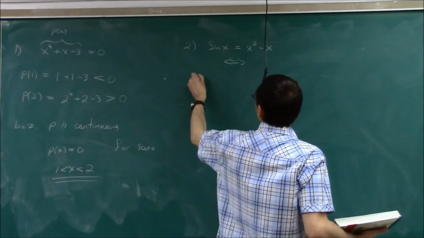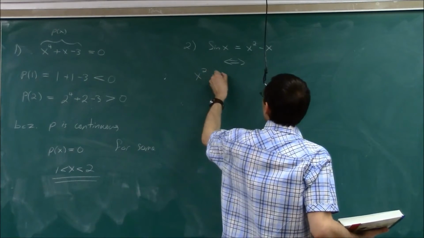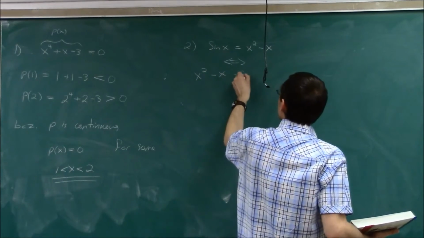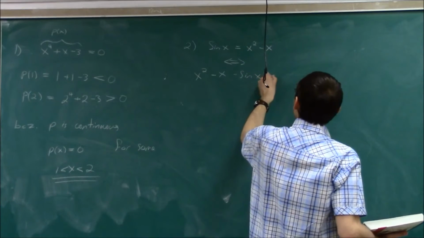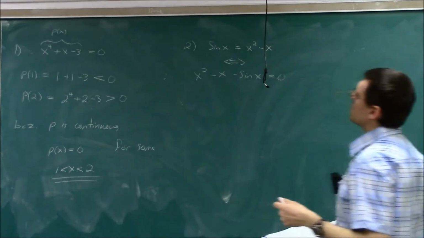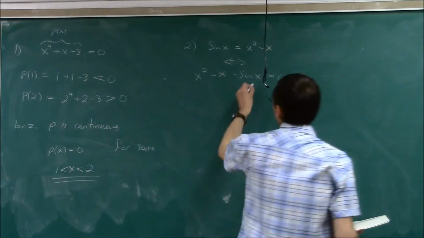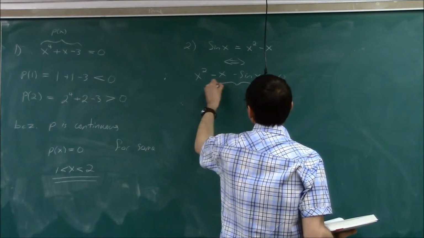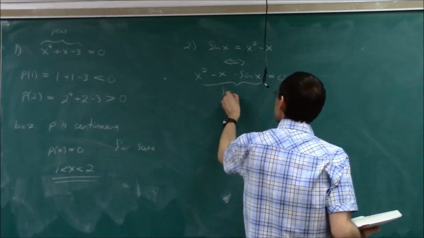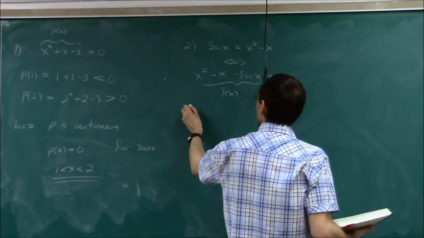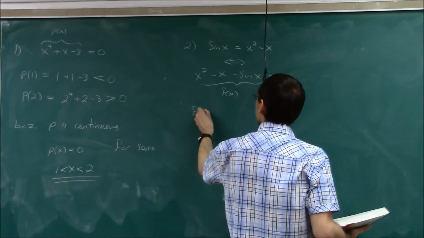So we have here x squared minus x minus sine x equal to 0. It's usually convenient to translate to compare to 0. So now this function here, let's call it f of x. f of x is continuous.